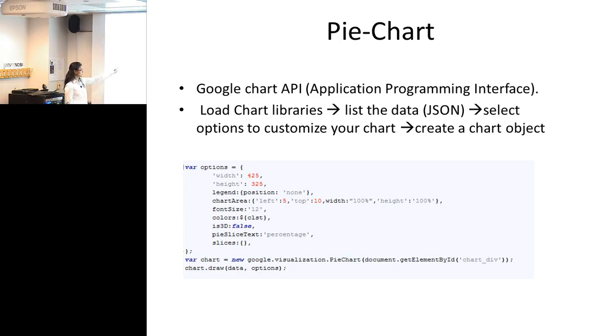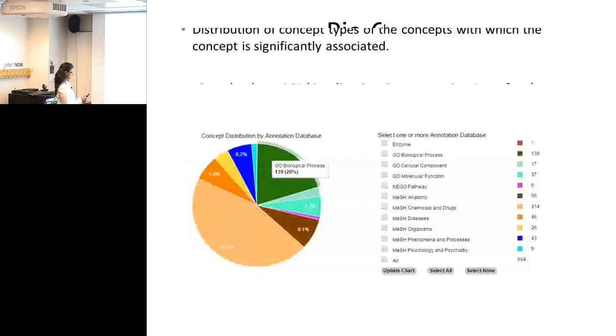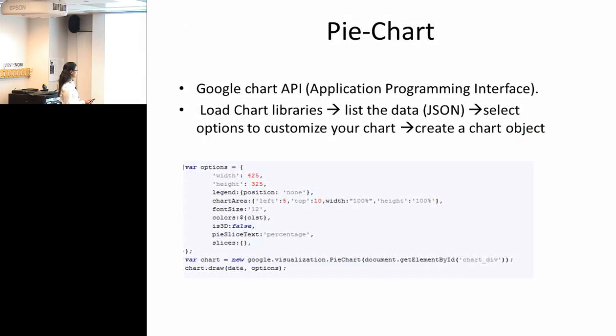You can hard code the parameters, or you can change the parameters dynamically. Like in my case, concept types change according to the concept we have selected. So the color of the slice will change accordingly, and we can change that during runtime. So that is one good advantage of pie chart, that it doesn't have to be hard coded. We can change it during the runtime.